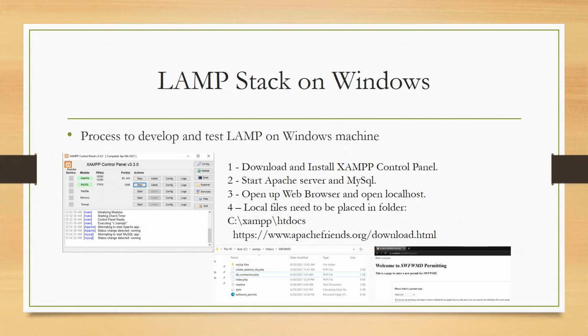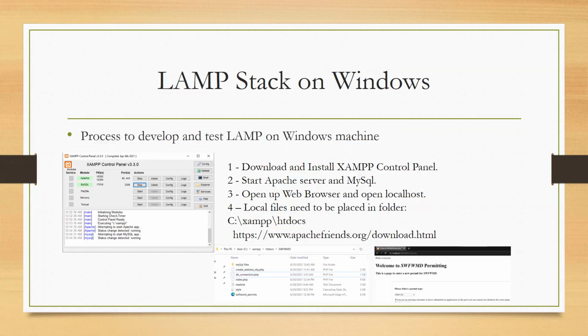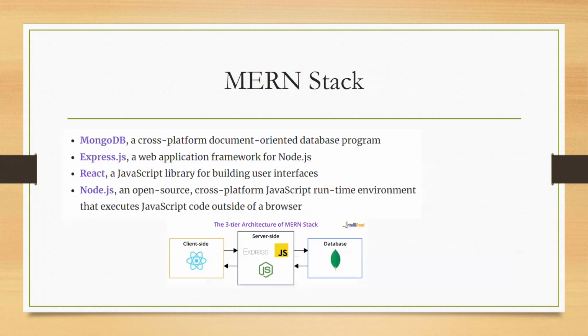This one is not really a framework; you're kind of building it yourself. Now we're getting into more pre-built frameworks. The MERN stack. For the previous one, it's using Apache and MySQL, and MySQL is a relational database.